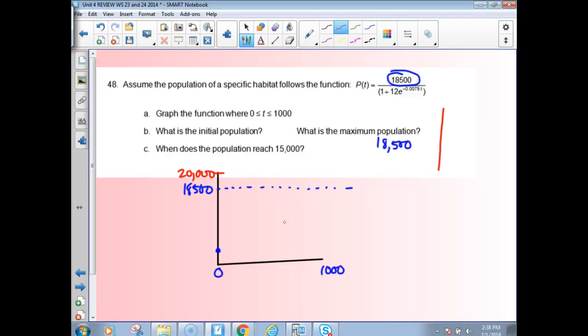I had an extra 0. Oh, okay. So what does this thing do? It goes like this. And this number, you should find the y-intercept is 1,423. And it takes about 499 years till it gets to 15,000.